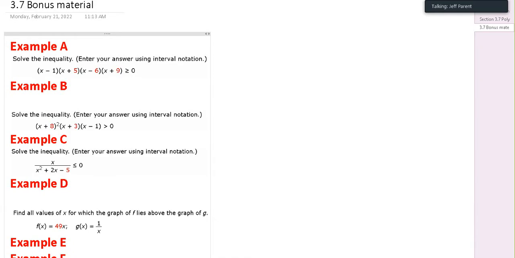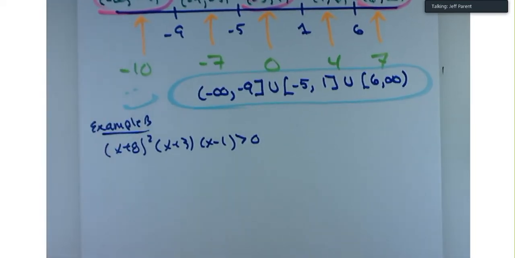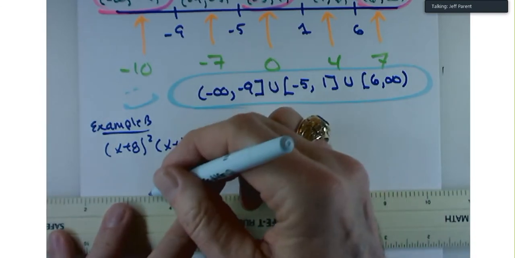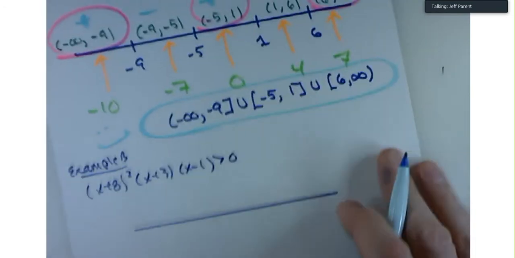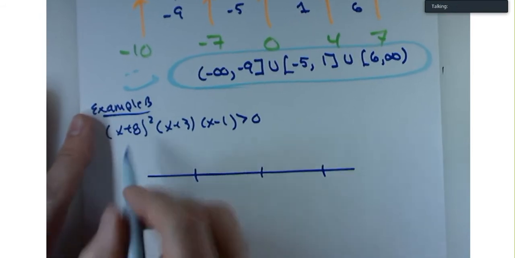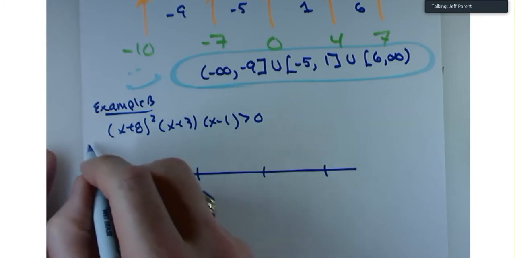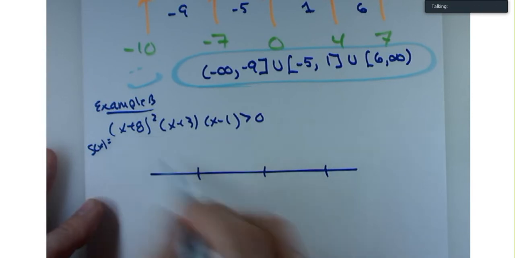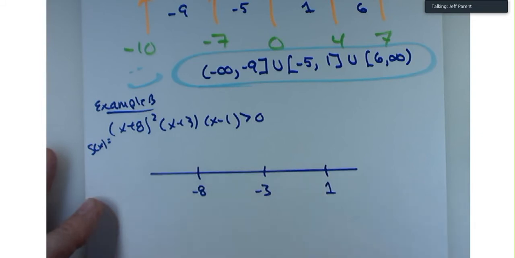Well, we'll start off kind of the same way we did the last one. I need to figure out where this is actually equal to 0 first. Because this is already factored and I've got 0 on one side, I'm hoping you can just read off these points. Where could this polynomial, maybe I'll call it s of x, actually equal 0? -8, -3, and 1.